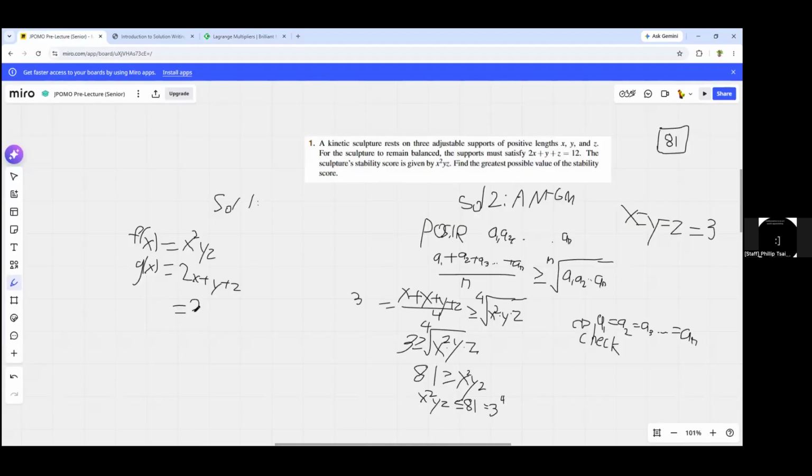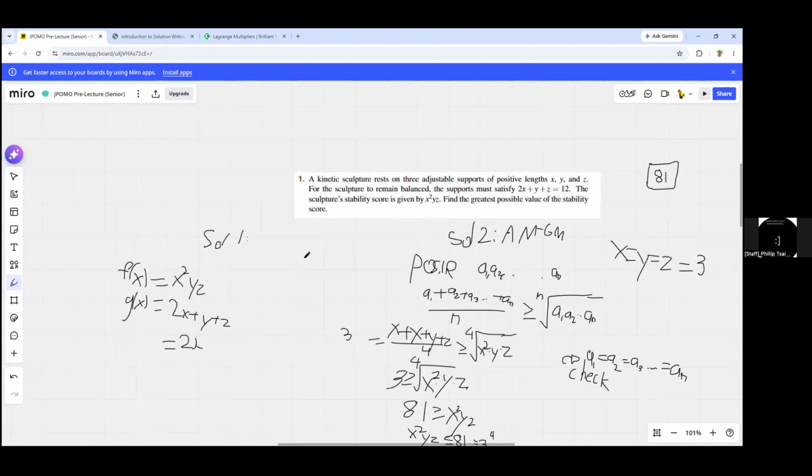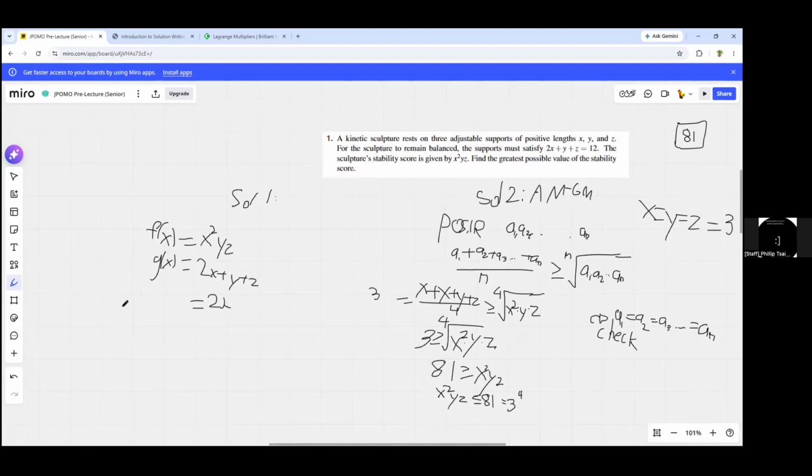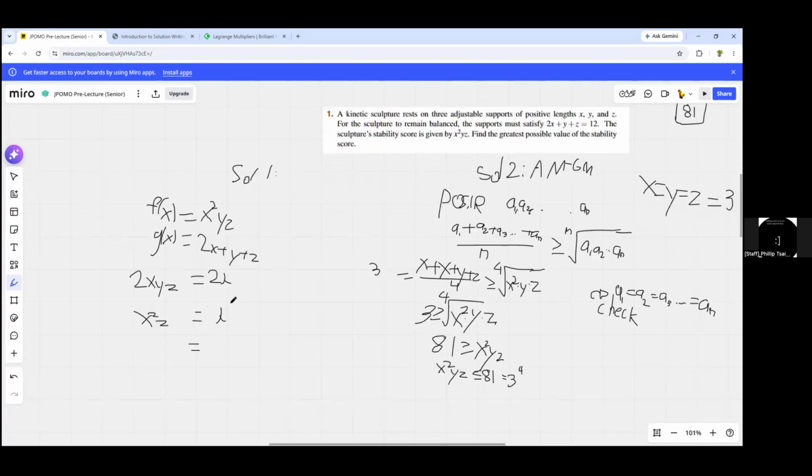So 2 lambda, right? And then we take the partial derivative of f with respect to x as well, which in this case must be, if I'm not wrong, 2xyz. And then we do this for all the other variables. So with respect to y, we have lambda is equal to x squared z, and with respect to z, we have x squared y, right?